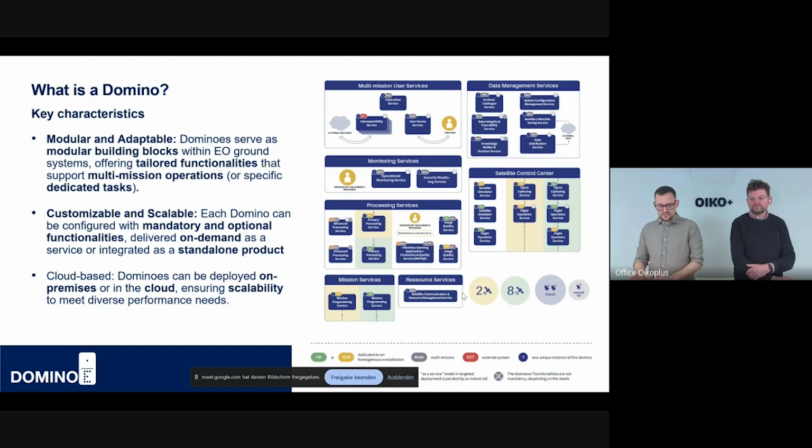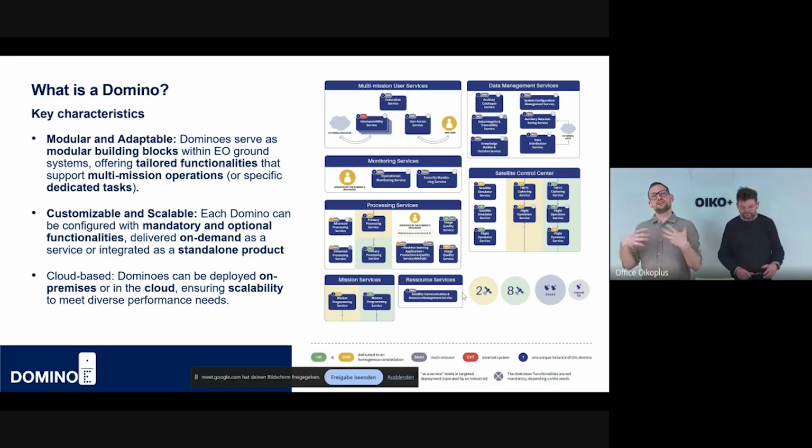Altogether, this approach that has been chosen for the Domino architecture allows developers, operators, and also third-party contributors to build, to plug in, and to evolve Earth observation capabilities in a more agile and more interoperable way. For a more technical and more detailed explanation, I would invite you very much to watch or re-watch the presentation from Jeff Vinuesa that was given at the last session.